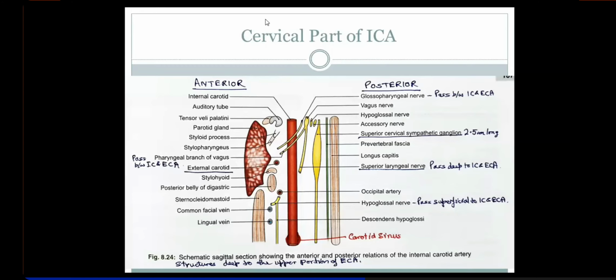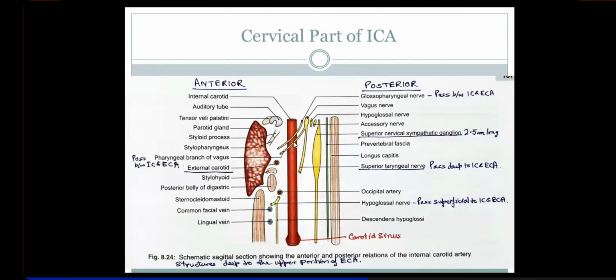So remember now, what passes in between the external and internal carotid arteries is the glossopharyngeal nerve, and a branch from the vagus called the pharyngeal branch of vagus.